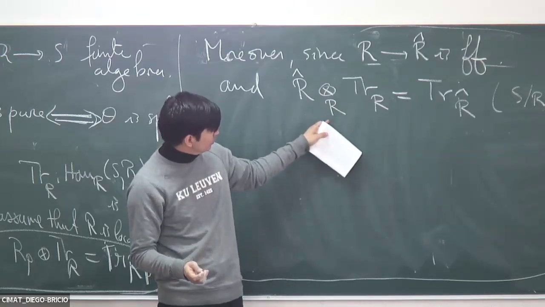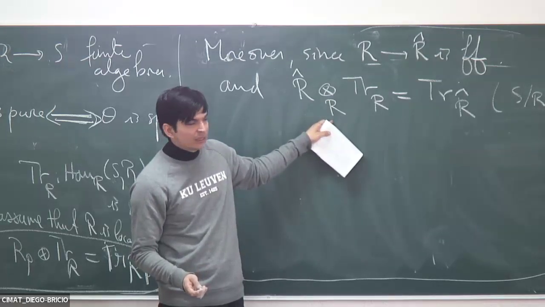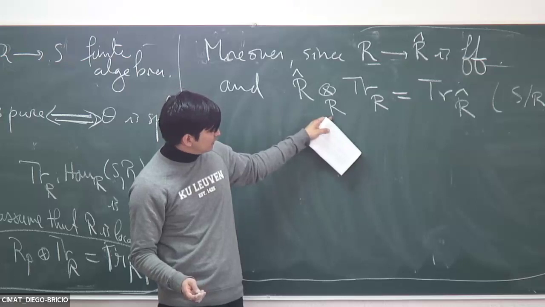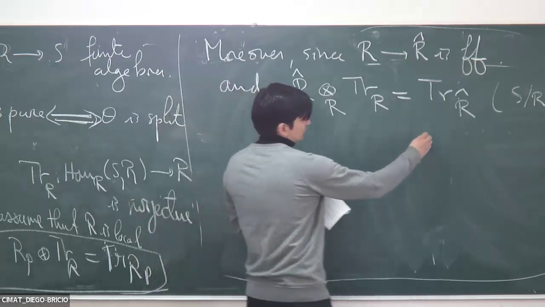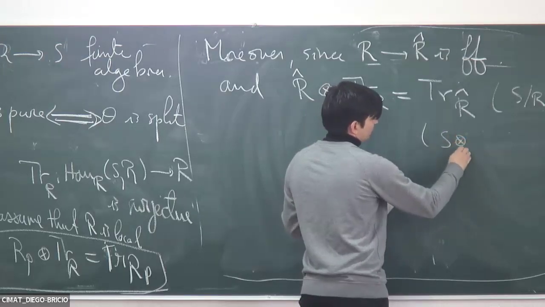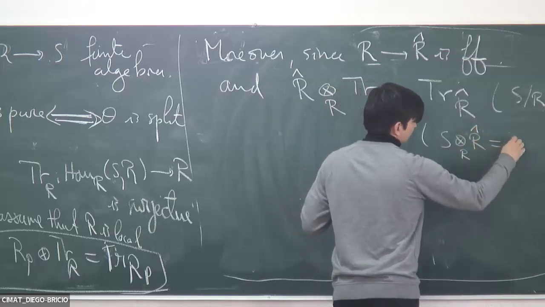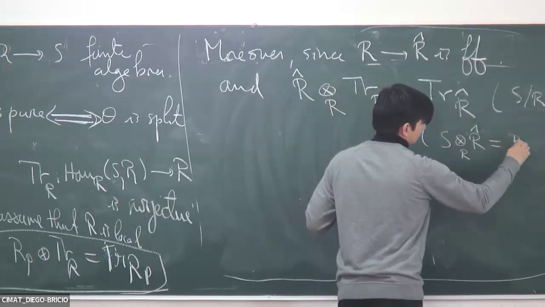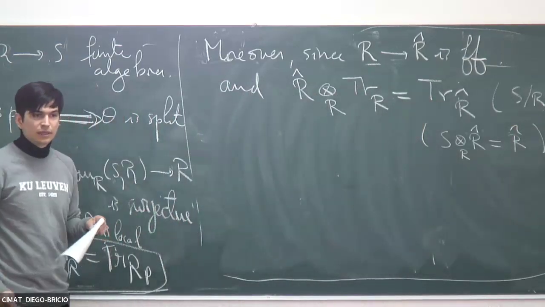So, you agree with this? Yeah, so this uses that S is finitely generated. Actually, it also uses that S is finitely generated to say that S tensor R hat equals R hat.